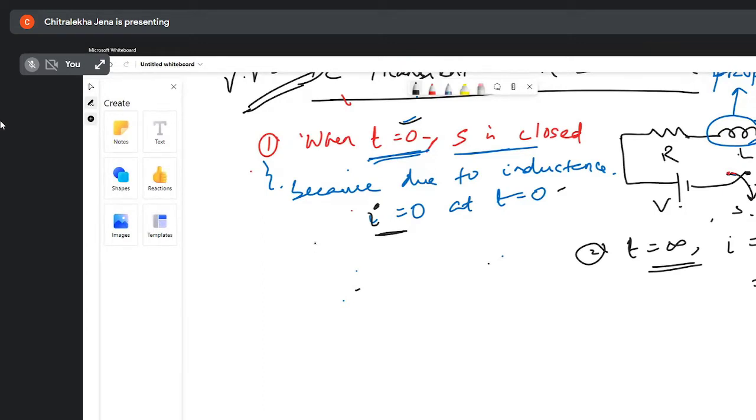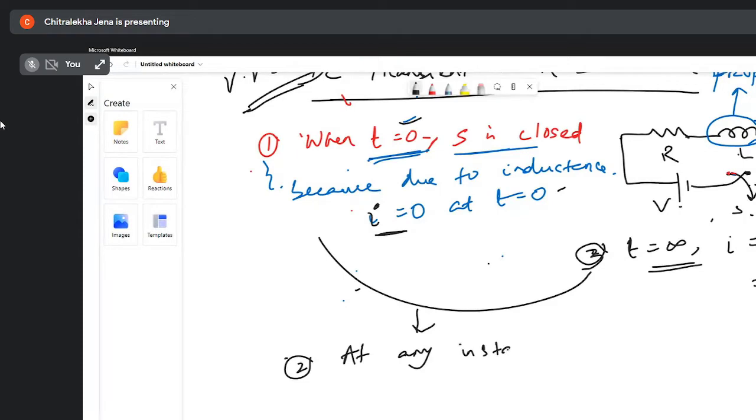Now in between, from t equal to 0 to t at infinite, that is your condition number 2. At any instant after closing of the switch, it is neither t equal to 0 nor t at infinite. What is the value of t at that time?